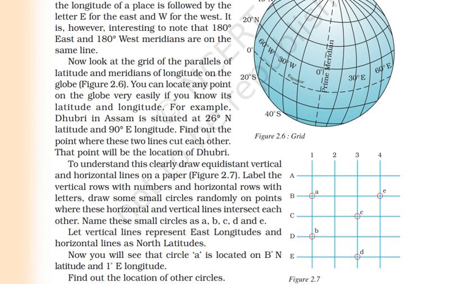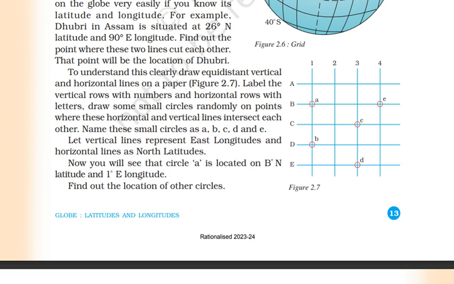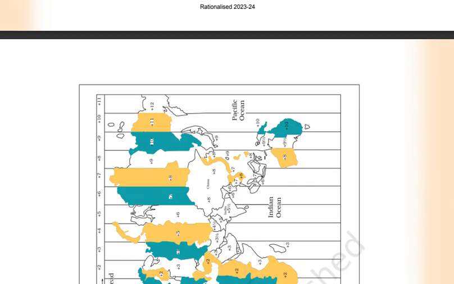Name these small circles as A, B, C, D, and E. Let vertical lines represent east longitude and horizontal lines north latitudes. Now you will see that circle A is located on B, N latitude, and 1 degree east longitude. Find out the location of other circles.